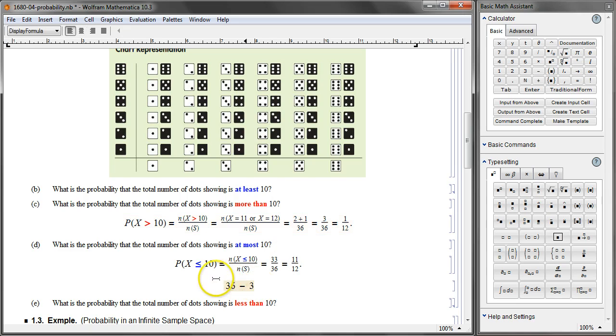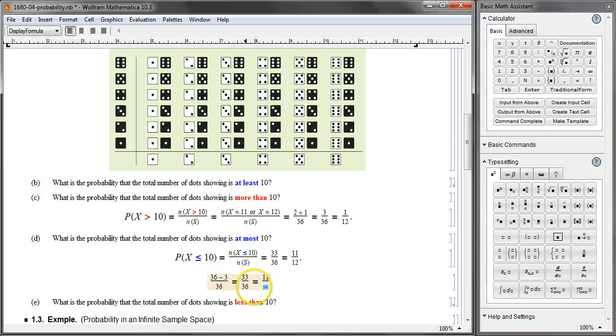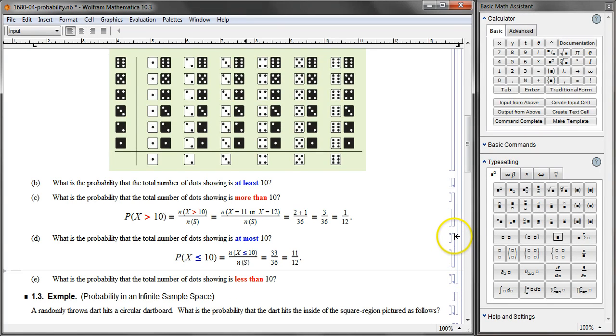So 3 of them are out of total 36, and then we get 33 over 36, which is 11 over 12, the same computation back. We can use the complement event like this effectively. That's particularly effective if your event is rather complicated.